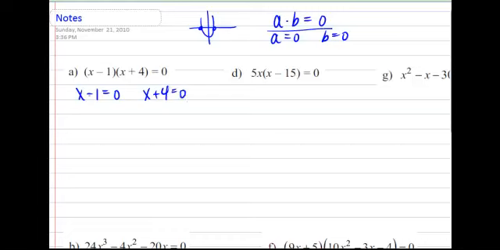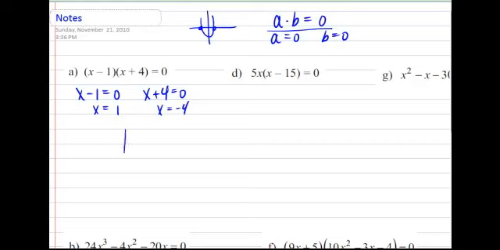Because remember, one of these has to be equal to 0, or both of them, to solve. This is a simple one-step equation at this point, so I find out that x is either equal to 1 or x is equal to negative 4. So my answer then is 1 and negative 4.